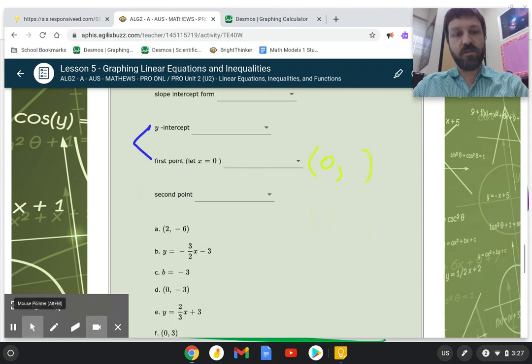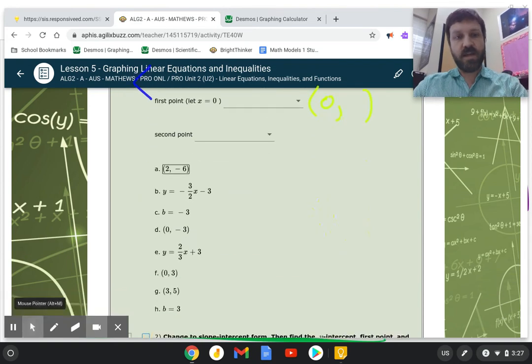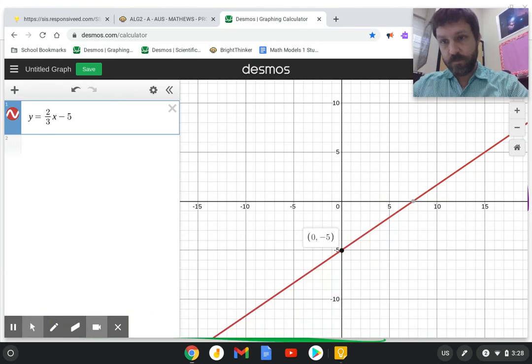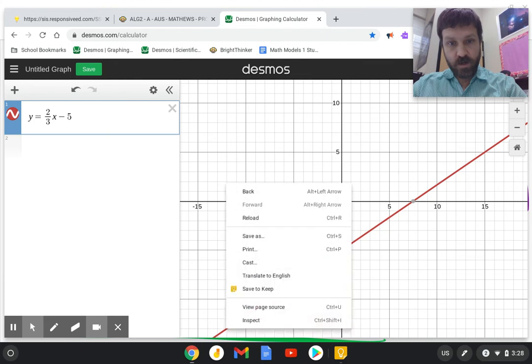Then all you have to do for the second point is see if either of the other points are on the graph. Let me find an example. There's a point right here, 12,3. If they were like 12,3, is that one of the points? I would look and see, yeah, 12,3 is one of those points. Or right here, -12, -13, right?